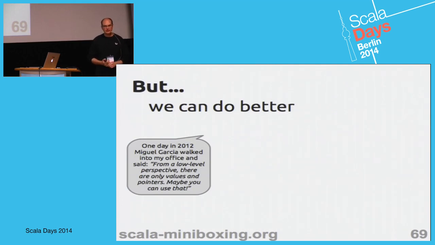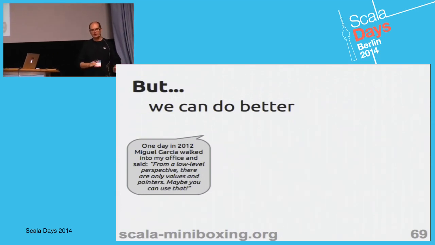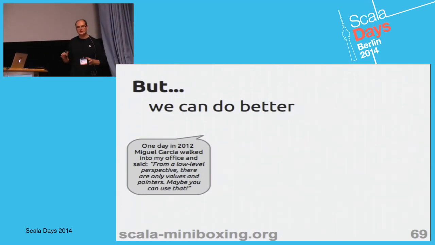So one day in 2012, Miguel Garcia, the author of the new backend for Scala, hopefully the optimizer will be merged soon and you'll get a new cool backend, walked into my office. He knew I was working on specialization, trying to address this problem of bytecode, and he tells me, look, from a low-level perspective, you only get values and pointers.